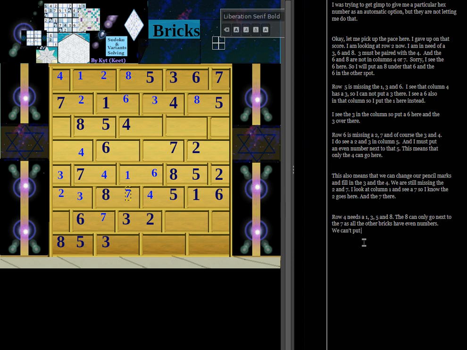Can't put an 8, an even number, with another even number.